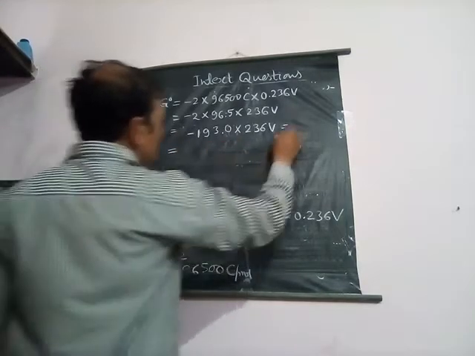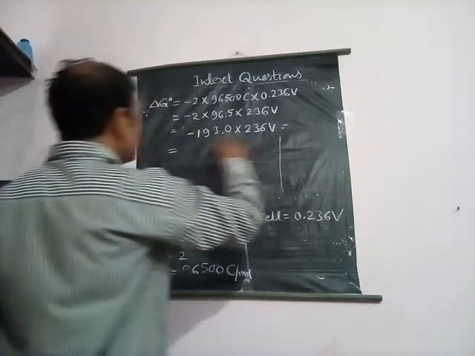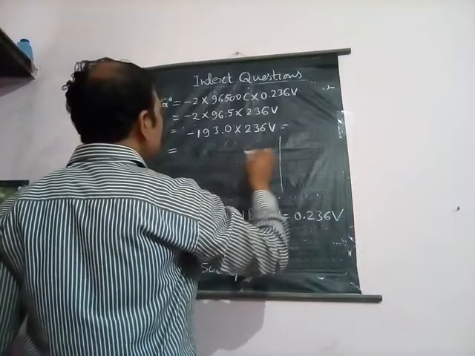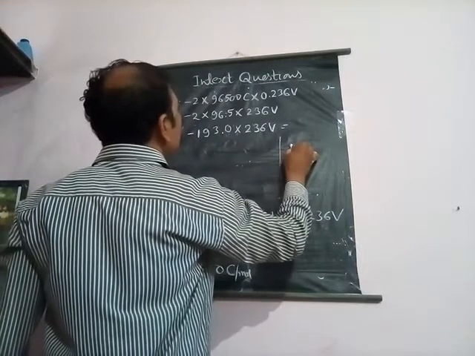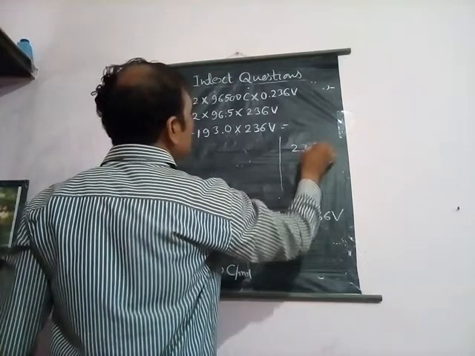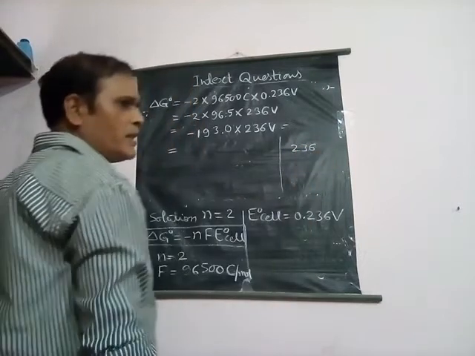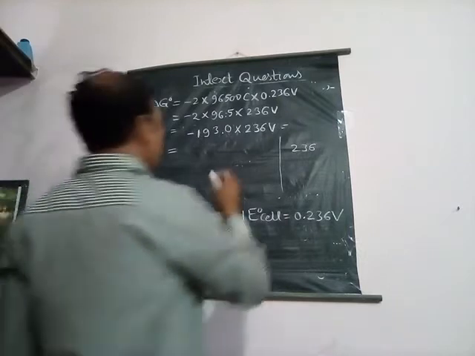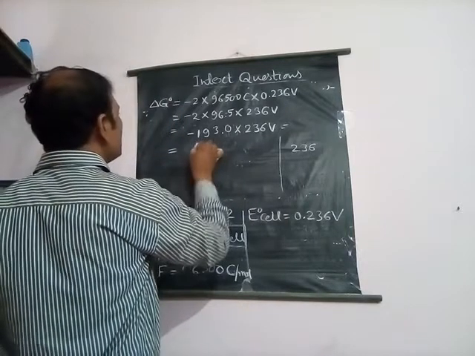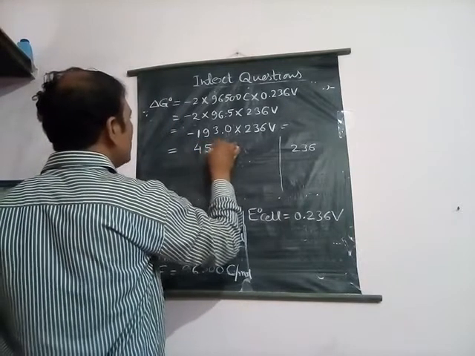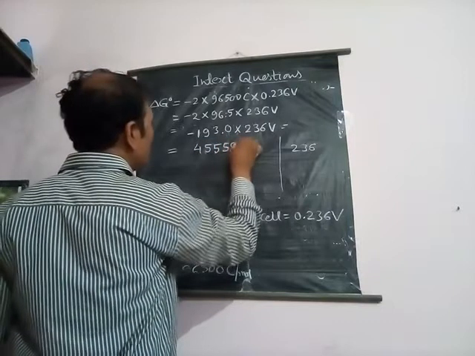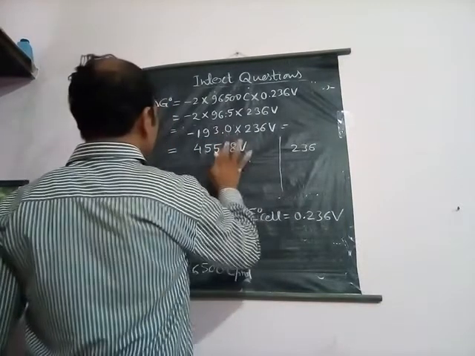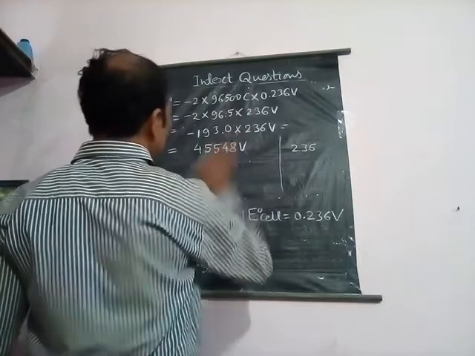You can easily multiply this number with this number, taking 236, and you will get its value as 45558.482 or so.